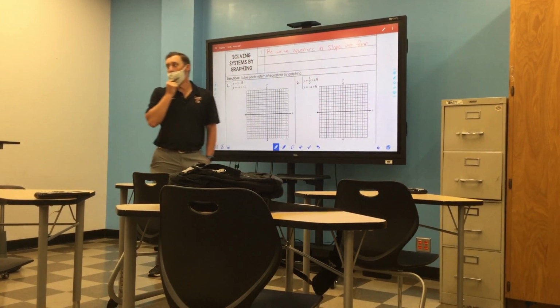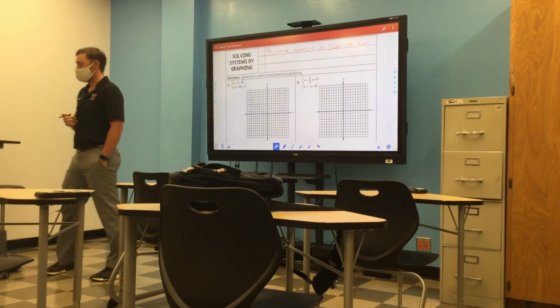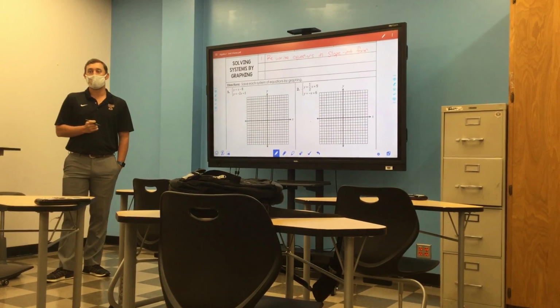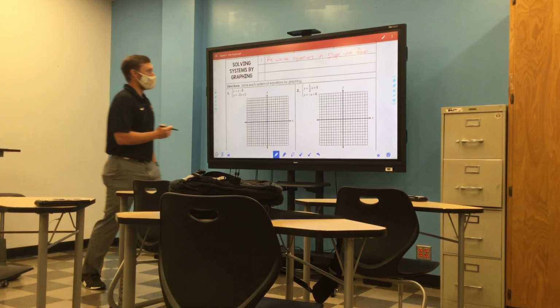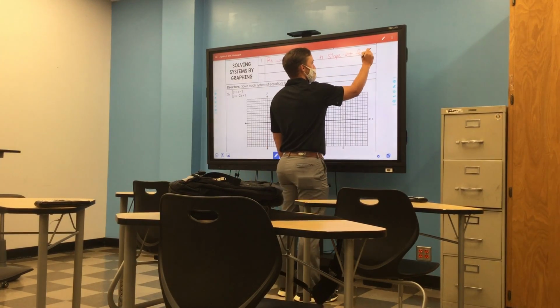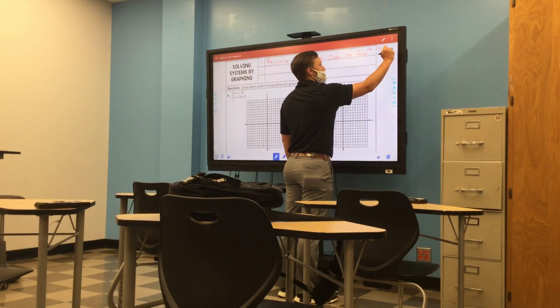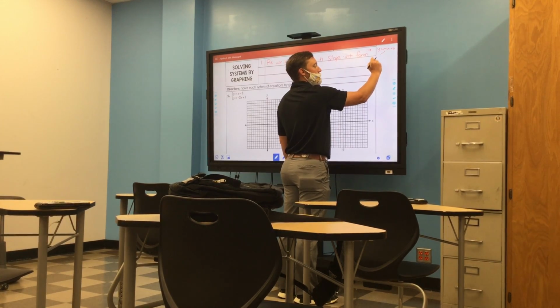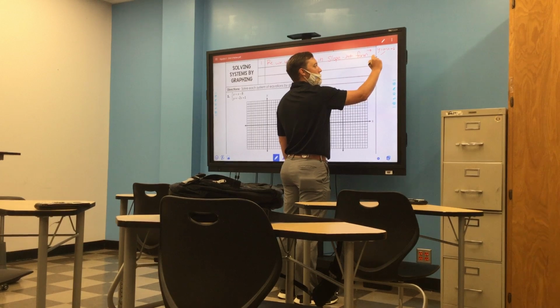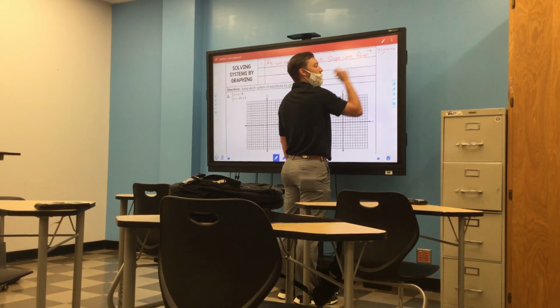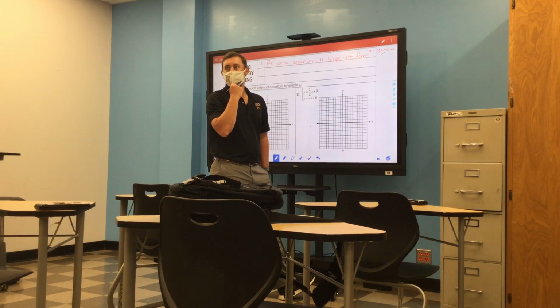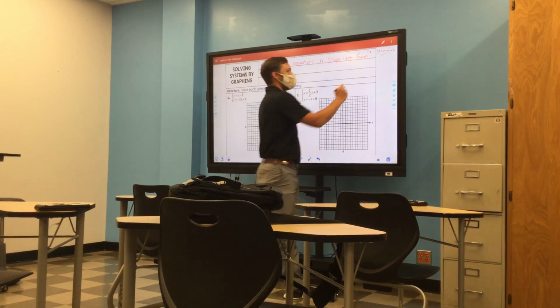Does anybody remember what slope-intercept form is? Y equals mx plus b. That would be this right here. What does the m represent? Your slope.